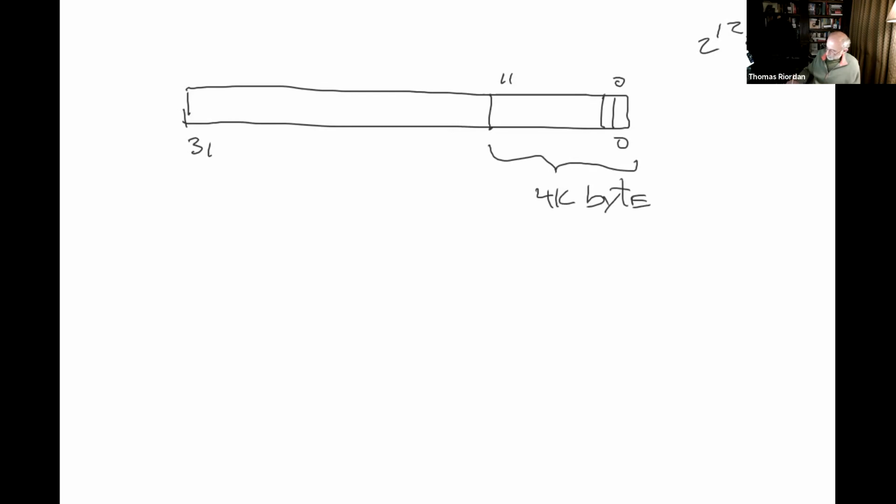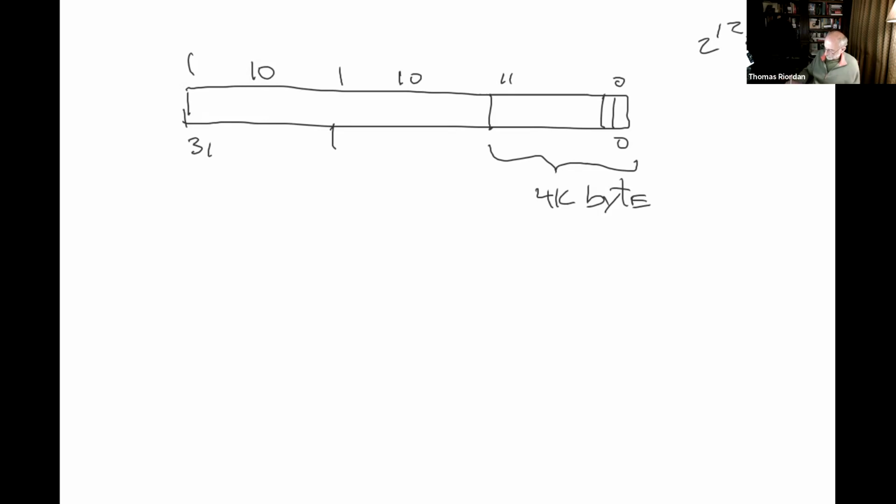And the tree that we're going to produce, we're going to divide up the rest of the bits, up to bit 32. We're going to have 10 bits here and 10 bits here. So we have 10 plus 10 plus 12 is 32. That's good, because that's how many bits we have.